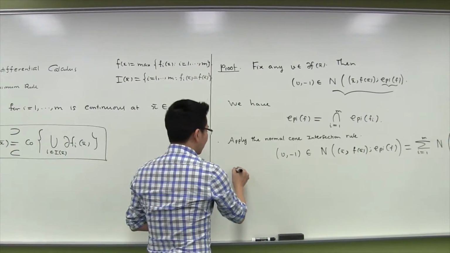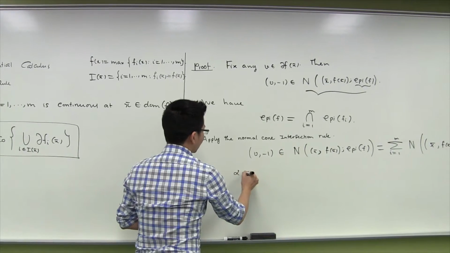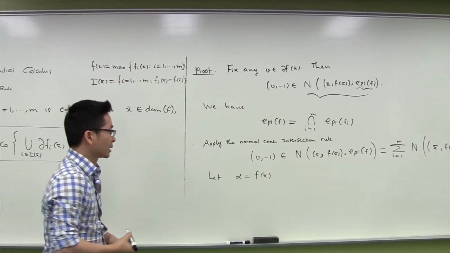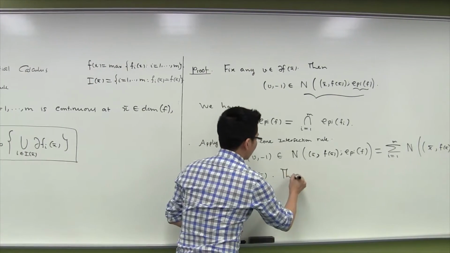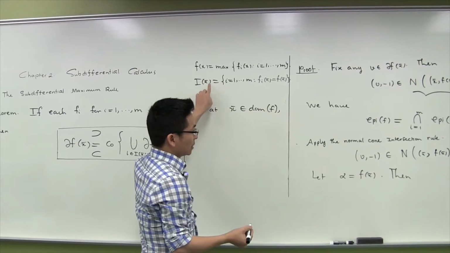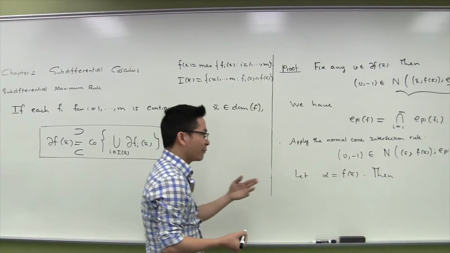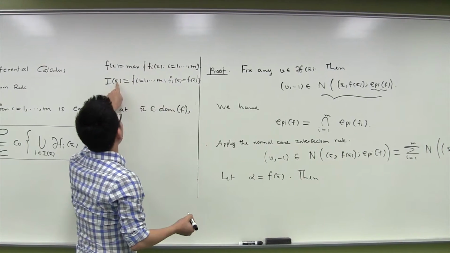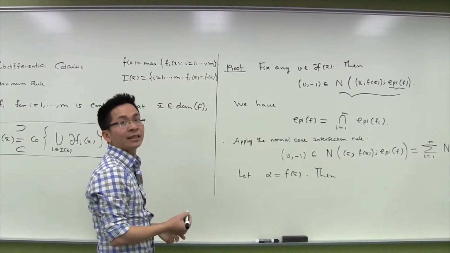Now, if we let alpha be f of x bar, then from the definition of the active index set, we see that f of x bar is equal to fi of x bar if i belongs to this active index set.